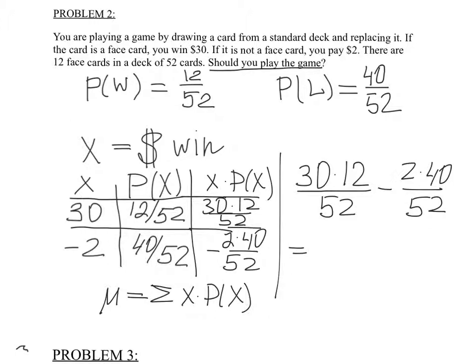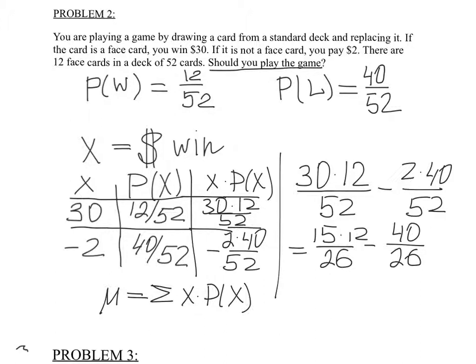So I will simplify a little. Here we'll have 15 times 12 over 26 minus, that is here, 240 over 26, I'm sorry, 40, not 52, 26 now. I can even do a little more, right?